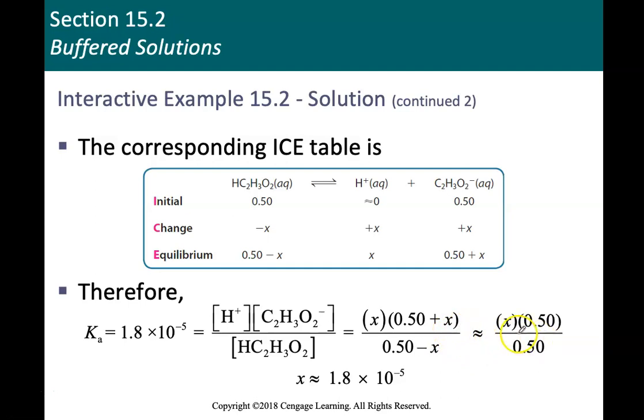Therefore, you simplify this ratio, and these two numbers cancel out. That gives us the answer: X is 1.8 times 10 to the power minus 5. This is a small number, and therefore our assumption should still be valid, but we can always validate that.